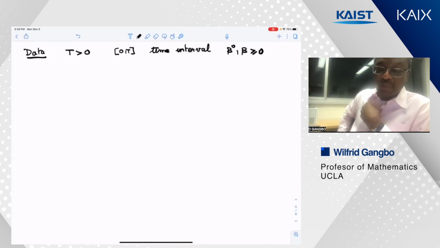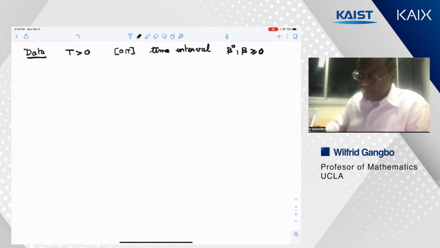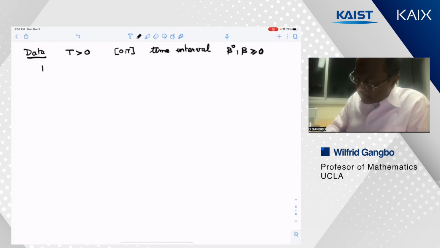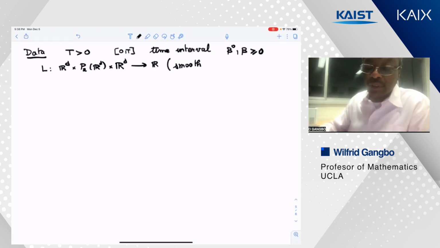I will be more specific. You will see precisely the PDE in a few minutes. So I am given a Lagrangian. This is just a function on R^d cross the set of probability measures on R^d cross R^d to R. I assume that this is a smooth function, which I refer to as a Lagrangian.